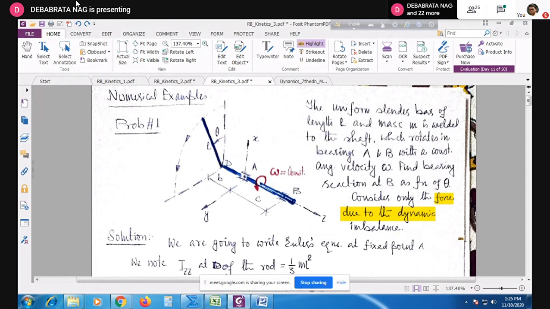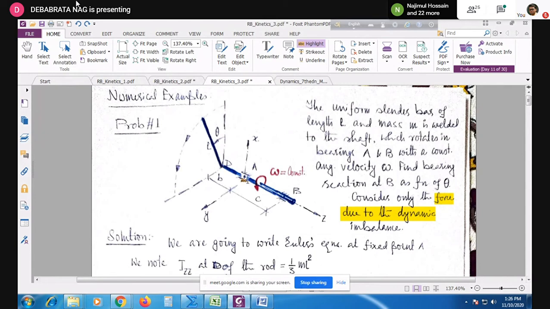For self weight, any force of the static component, you need not take into account. This is a very important thing, you should remember. So force due to dynamic imbalance means we do not have to take into account mg effect in our analysis. Mass into g, acceleration due to gravity, the weight gravity part we need not take into account.